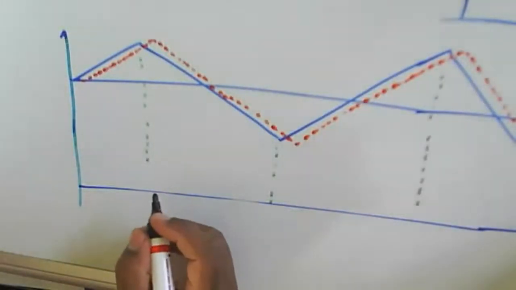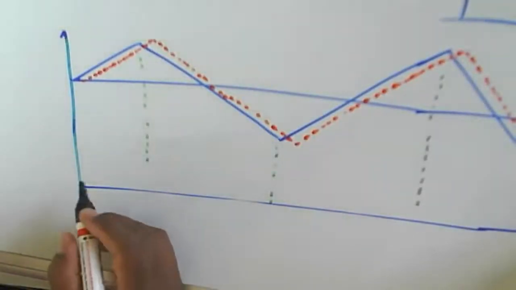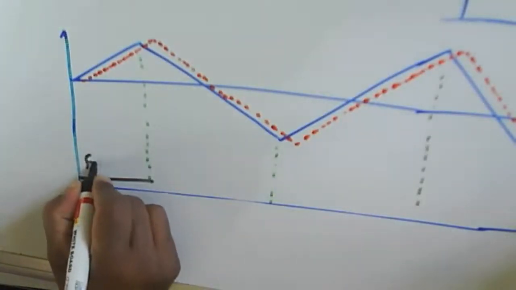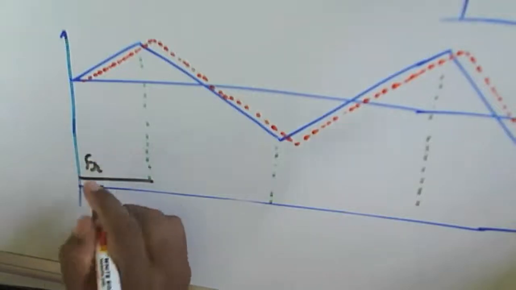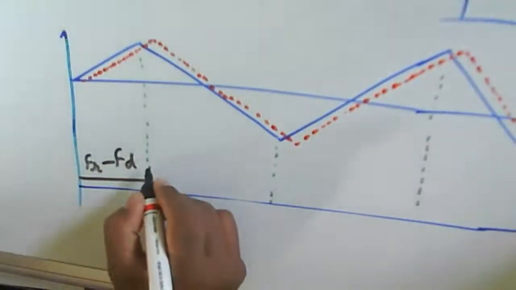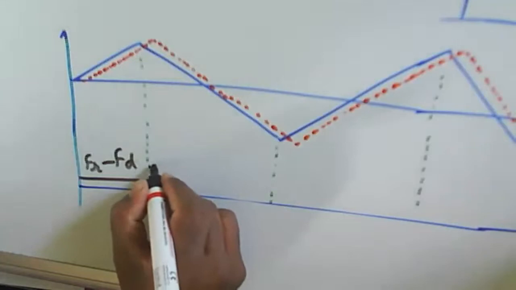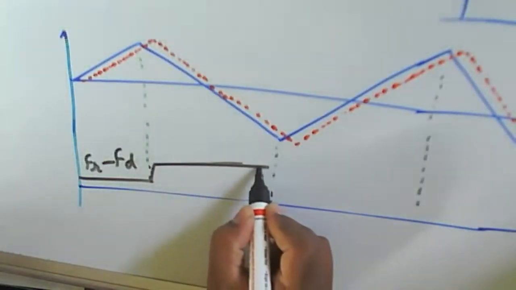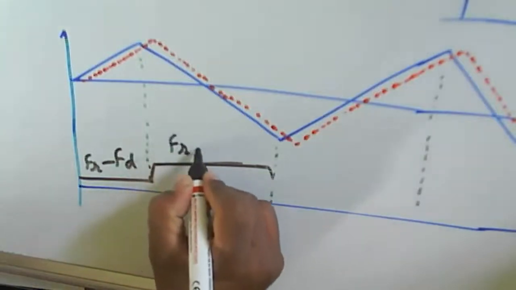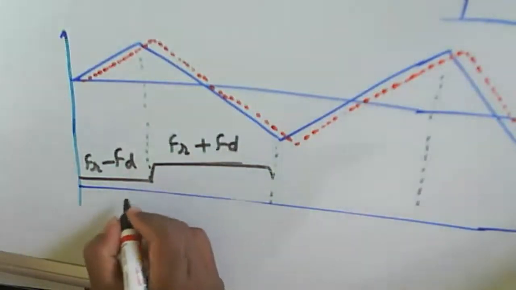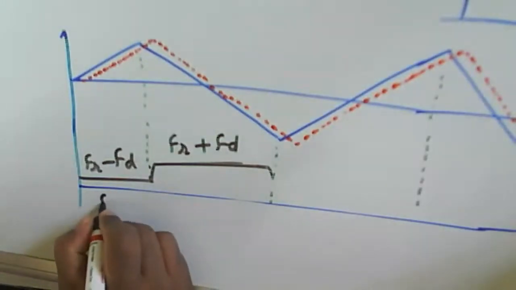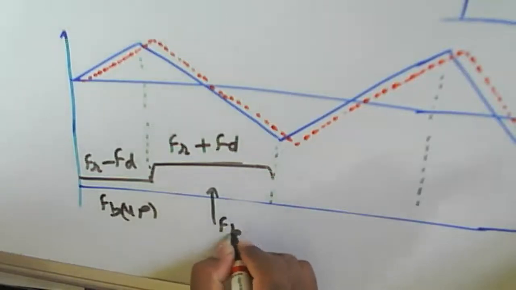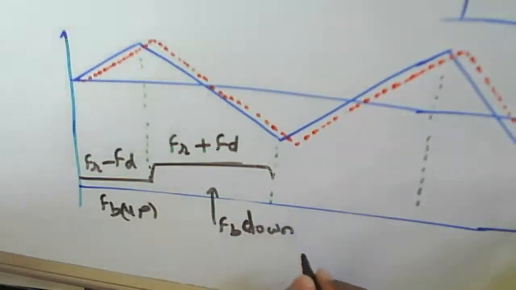So for the case of up here, this one will be Fr minus Fd. And then this one will be Fr plus Fd. So Fr minus Fd is nothing but Fb up, and this case is Fb down.